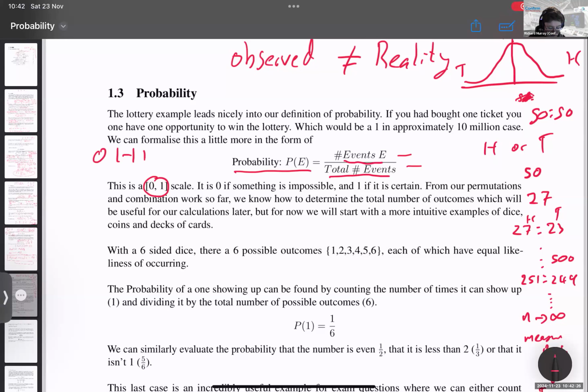In the extreme case where every event is a success, our total is going to equal our total, which gives us a sum of 1. If we have no successes, we're going to have 0 divided by the total, which is equal to 0. So we can see why it's going to be between 0 and 1.